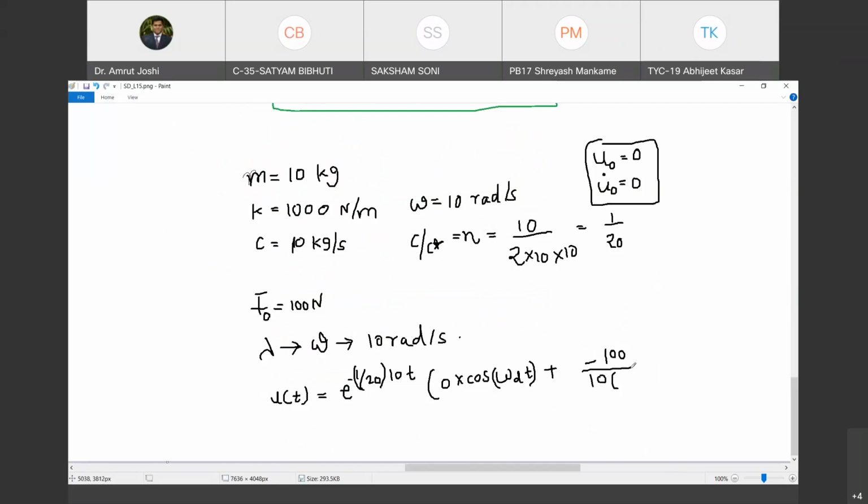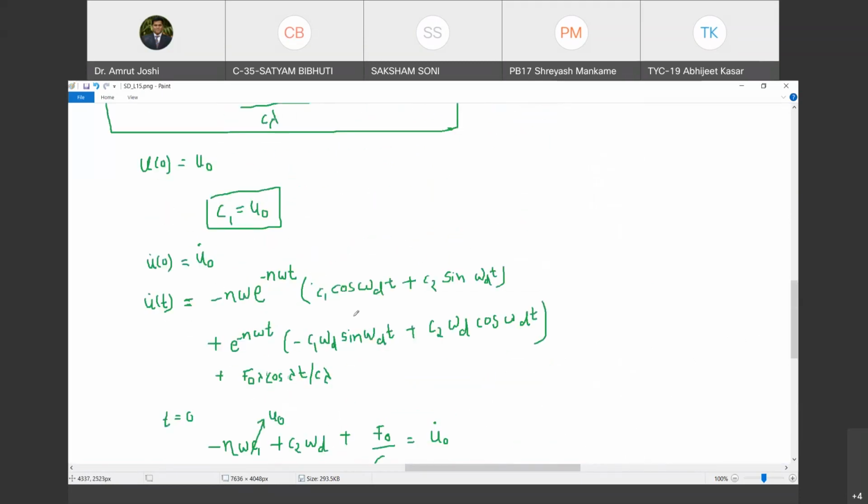And what is the value of omega d? Omega d is omega into square root of 1 minus eta square. So 1 minus 1 by 20 bracket square. This bracket complete. Sin omega dt. This is the first part of the response.